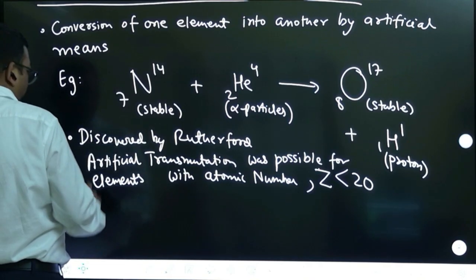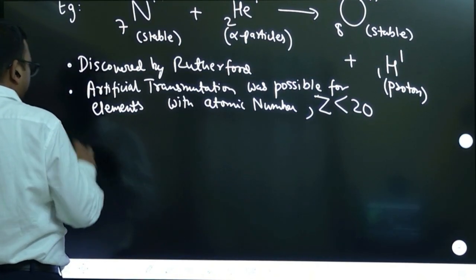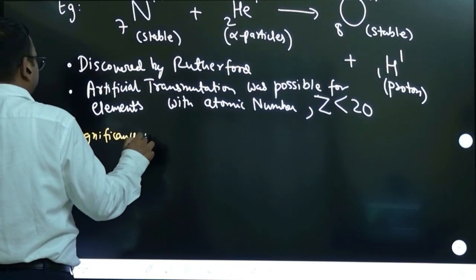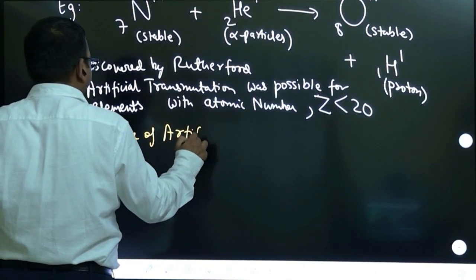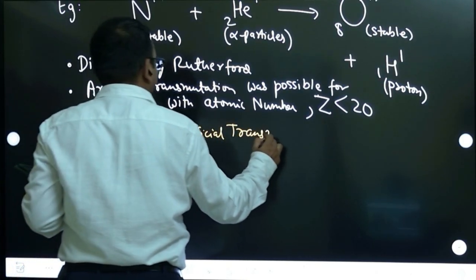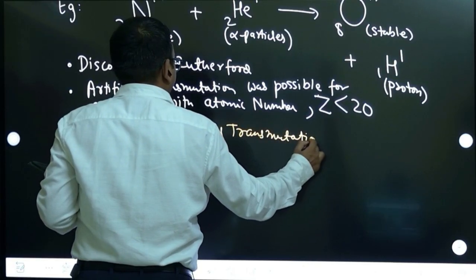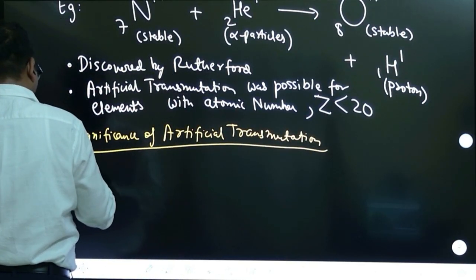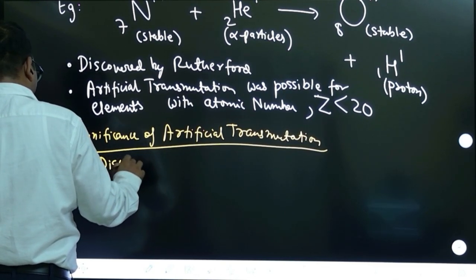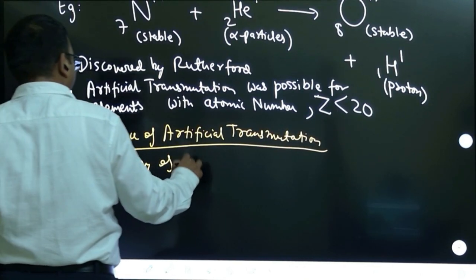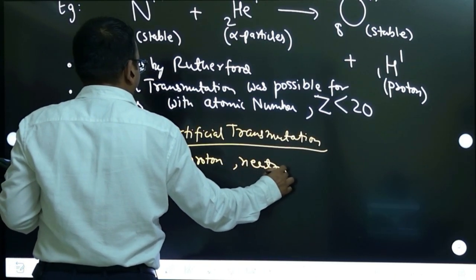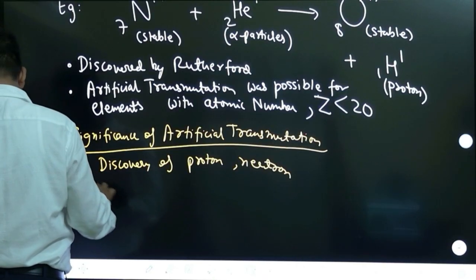And what is the significance of this artificial transmutation? Because using this, so many discoveries happened. Discovery of proton, neutron, all this happened because of this only.